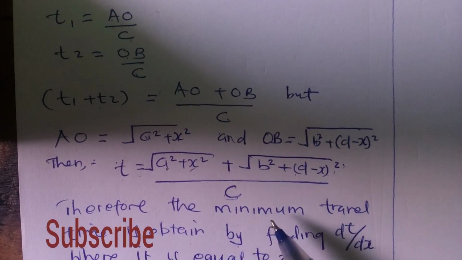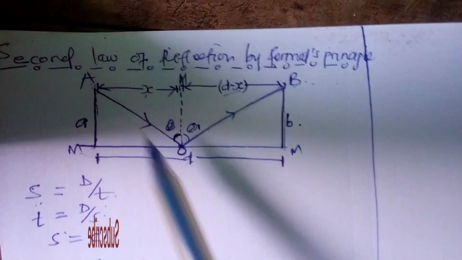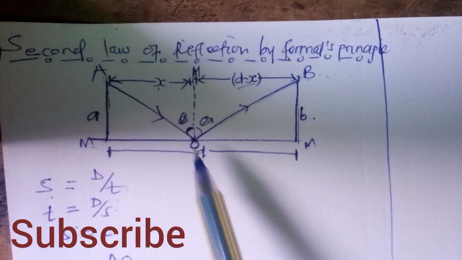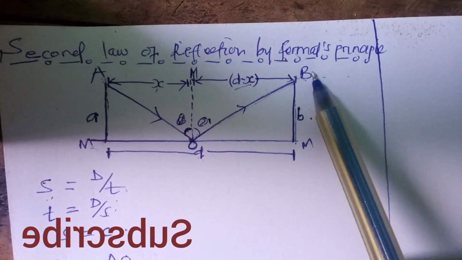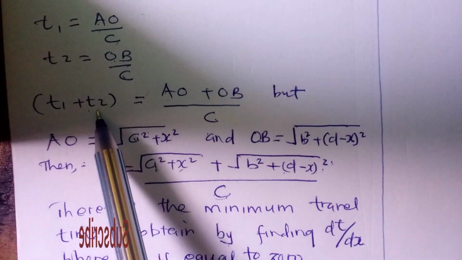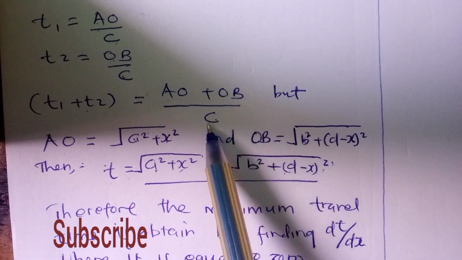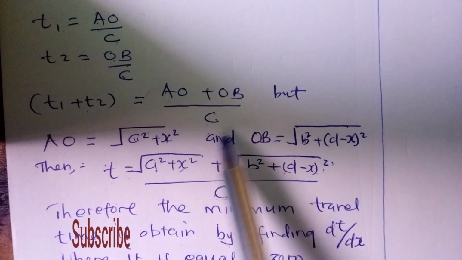This is right from our diagram, the distances AO and OB. So T1 plus T2 is equal to AO plus OB over c. This will be our total time.